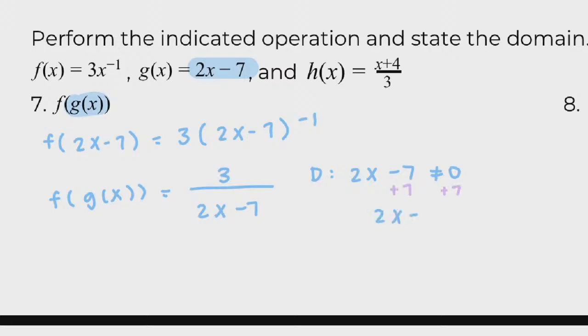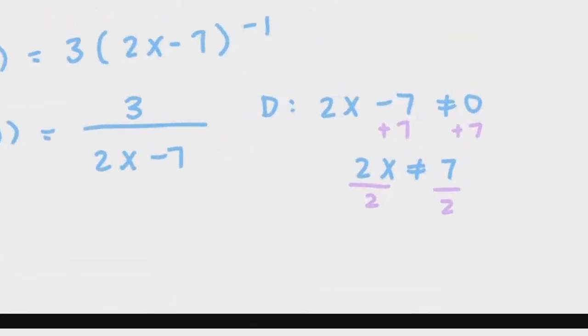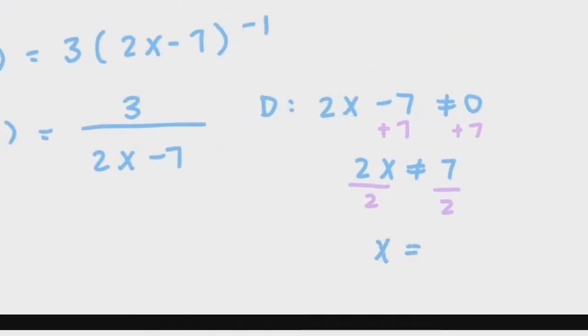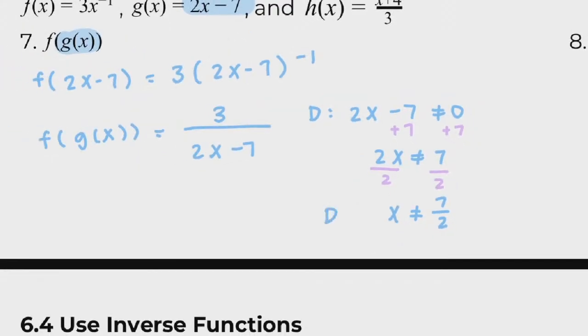We'll get 2x can't equal 7, and then divide by 2. Oops, sorry. So x can't equal 7 over 2, and that would be the domain. So to set up the domain, all you do is set the denominator not equal to 0, and the solving part would be the same as if it was equal to. Hopefully that makes sense.